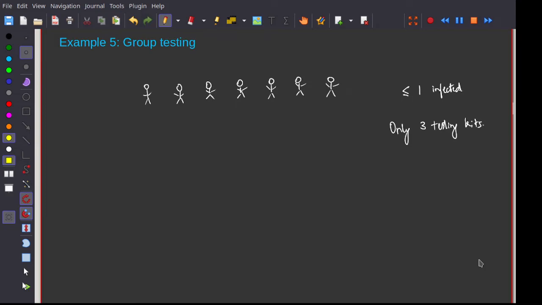Okay, so here's another puzzle for you. This is broadly called the group testing problem. Let's say I have 7 people, and they could potentially be infected with a disease, for example the coronavirus.